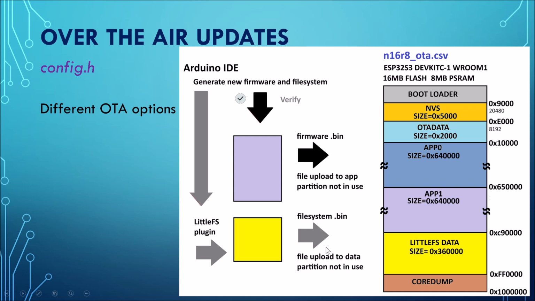The OTA server, of course, is also responsible for uploading the file system. And the Filesystem.bin file, when you go out and you select it, it will upload into the existing LittleFS data partition that the controller is using, and that will overwrite what's actually there.